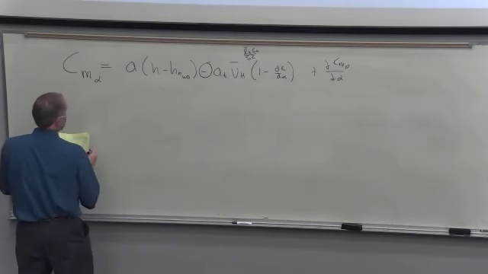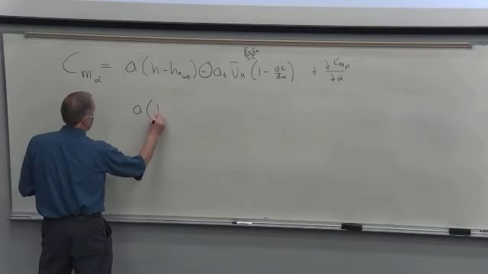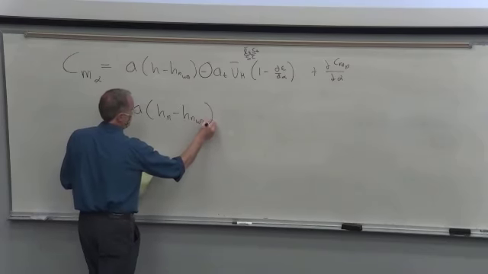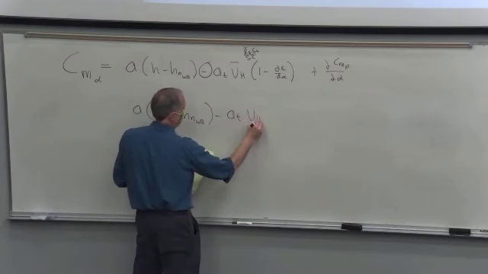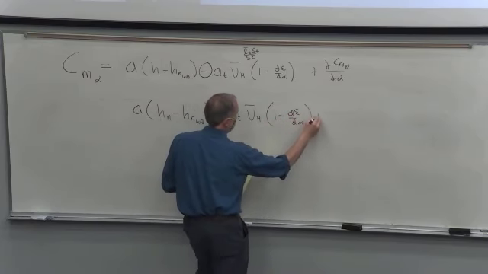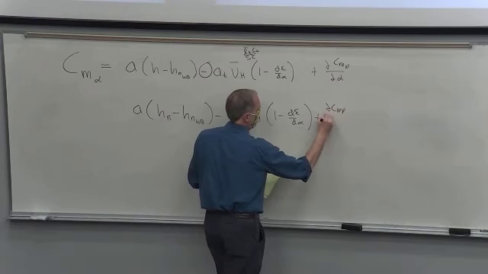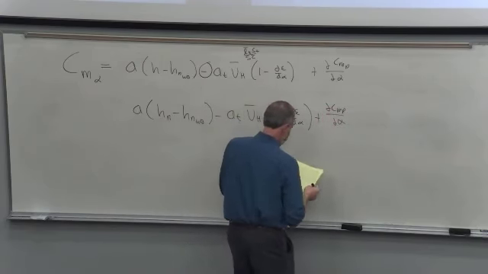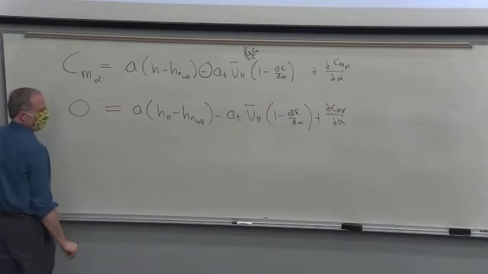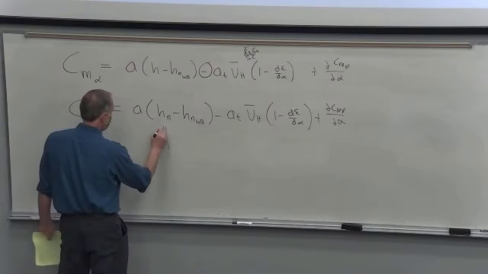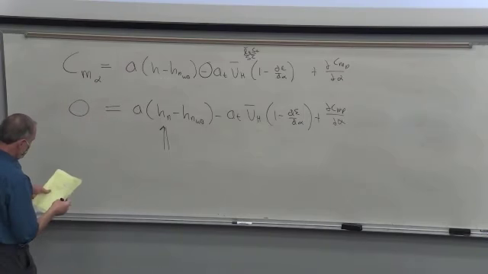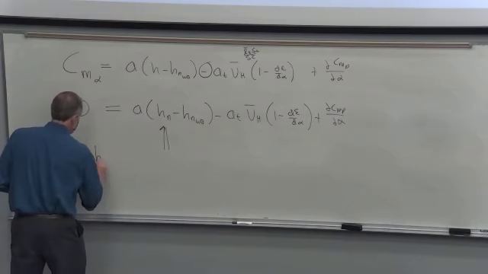All right, so I'm going to rewrite this formula. But now we're going to look for that special CG location that makes this 0. So now it's not just any general H, it's the special one that makes this 0. And you can solve for this, just algebra.